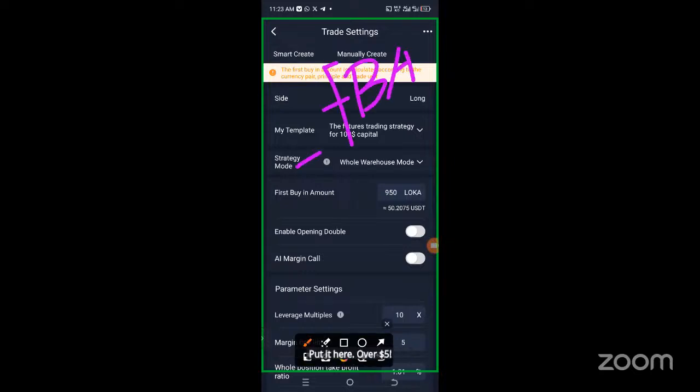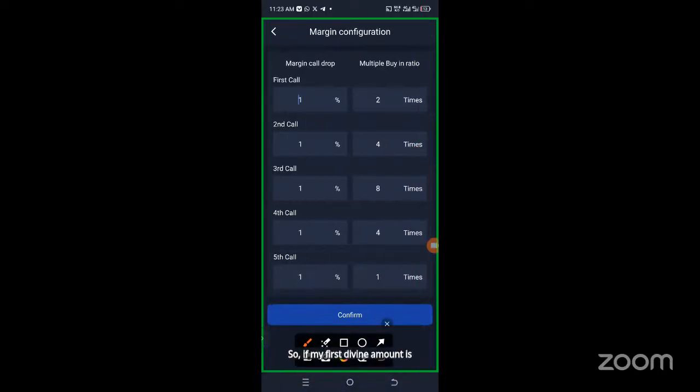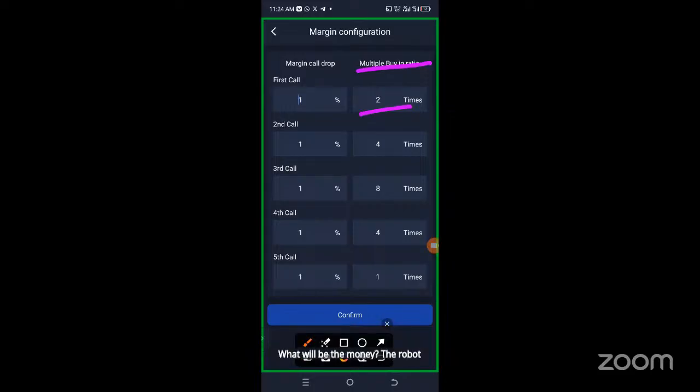So if my first buying amount is 5 and I have a 2 here, what will be the money the robot will put in as my new first buying amount?